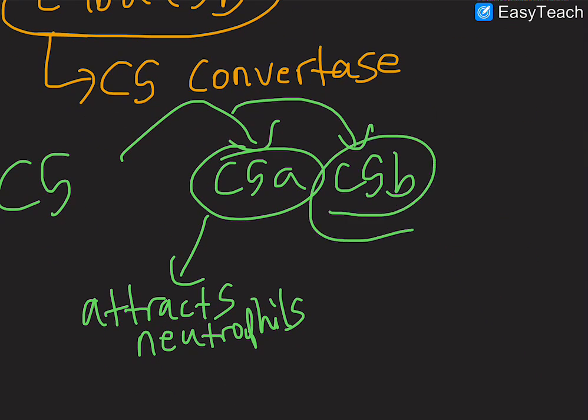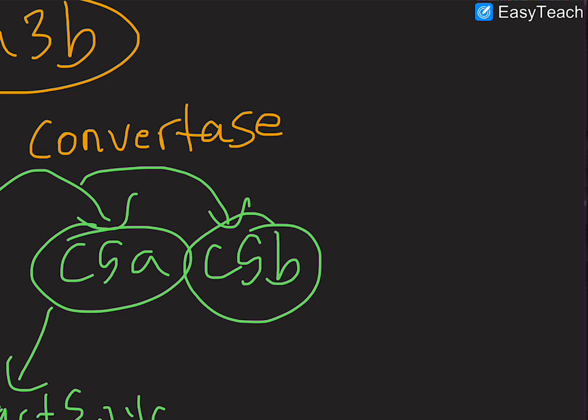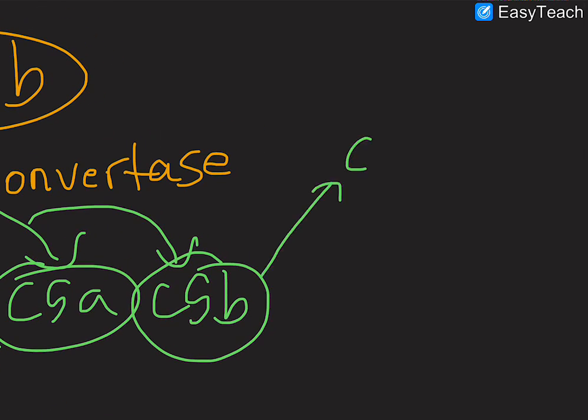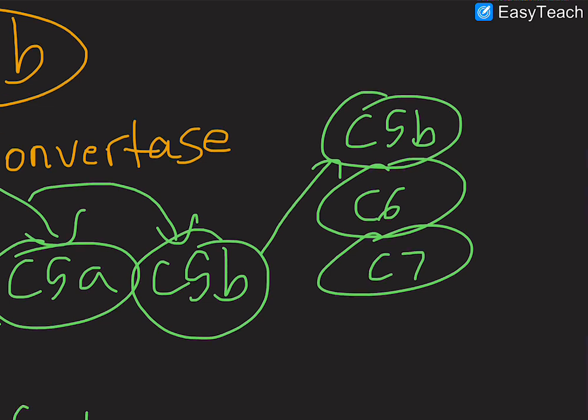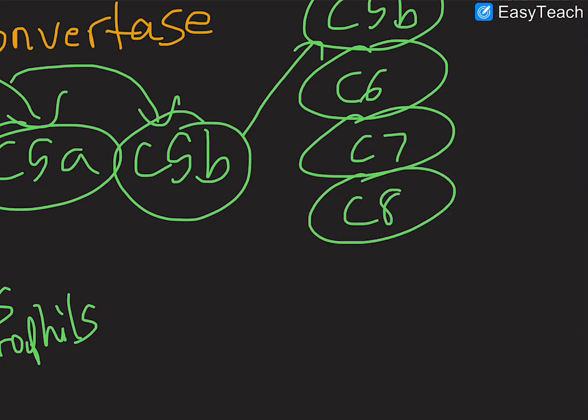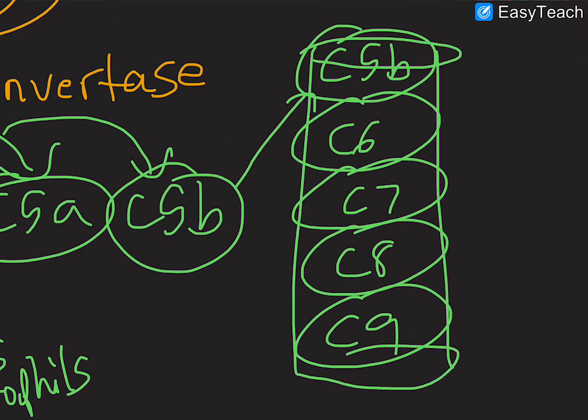What does C5b do? Remember, C5b is what starts the formation of the membrane attack complex. C5b will bind onto C6, C6 will bind onto C7, C7 will bind onto C8, C8 will bind onto C9, and this whole thing is going to form a membrane attack complex on the pathogen.